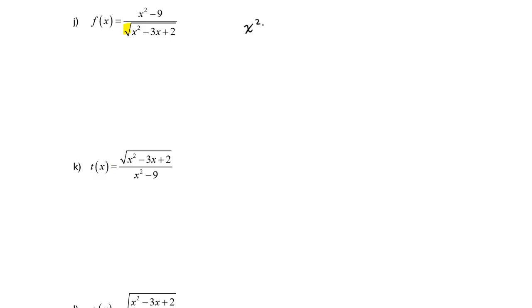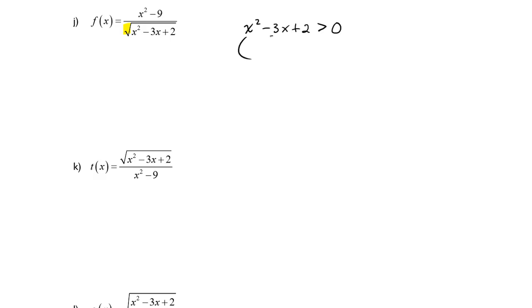That means that x squared minus 3x plus 2 can only be greater than 0. Remember, if it was just an even root, it would be greater than or equal to, but since it is in the denominator, since it's divided by an even root, we have to only take the greater than, not the greater than or equal to.